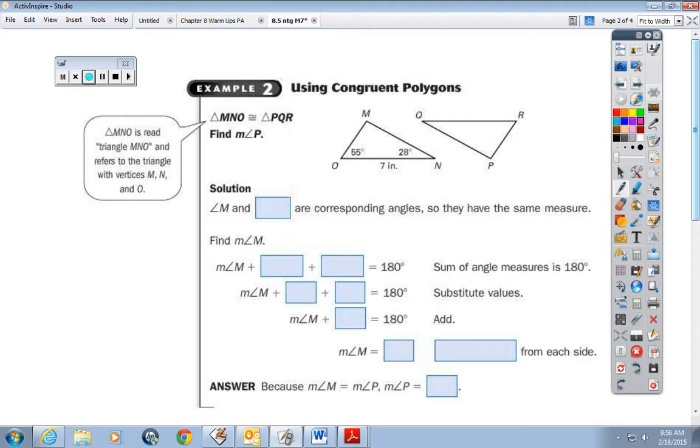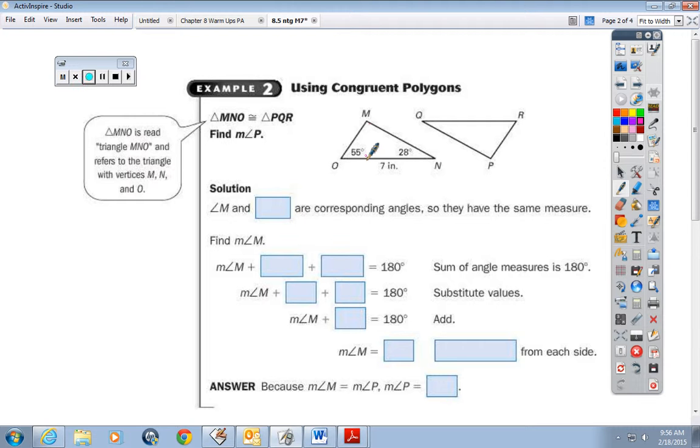Triangle MNO is red, triangle MNO. And it refers to the triangle that has the vertices M, N, and O. Okay, so these would be the angles. This is angle M, angle N, and angle O. Now they tell us angle N is 28 degrees, and they tell us angle O is 55 degrees.